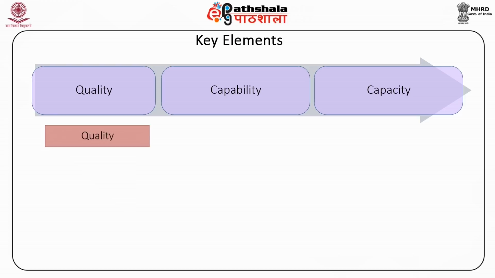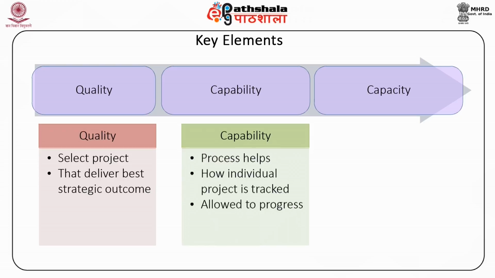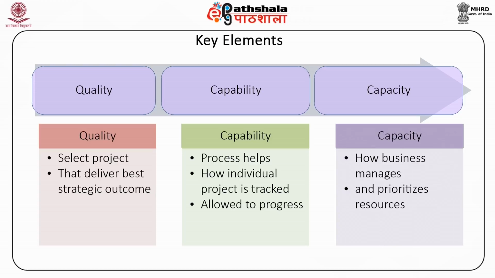In terms of quality, the innovation team strives to select projects that, if successful, will deliver the best strategic outcome for the invested funds. For capability, the process helps track how effectively an individual project is managed and allowed to progress. Capacity refers to how the business manages and prioritizes resources supporting a portfolio of well-managed projects.